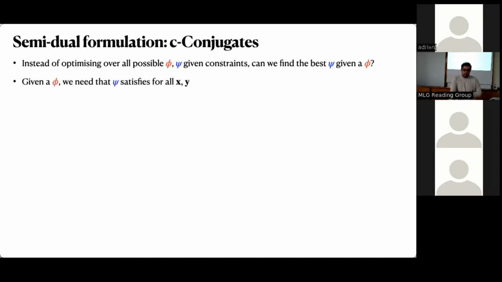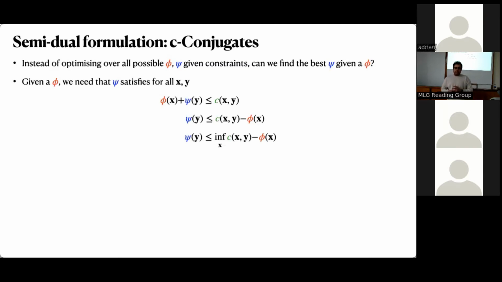Given a phi, you need a function psi that satisfies this inequality. You take it on the right-hand side, and for all x and y, psi of y is less than or equal to the right-hand side. So it must also hold that psi of y is less than or equal to the infimum of the RHS over all x's. This is just dealing with the inequality.